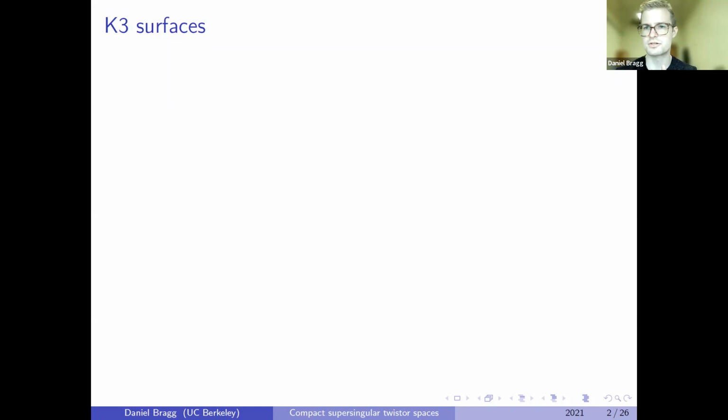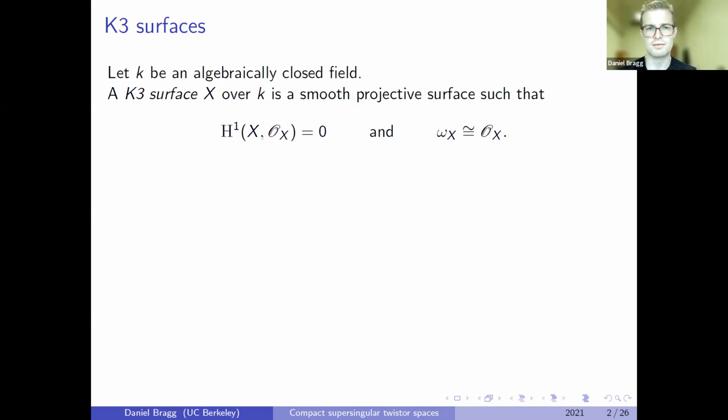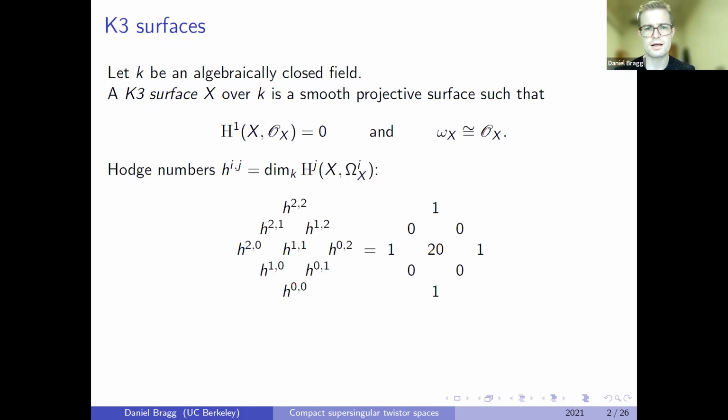So here's just a few words about K3 surfaces to get us going. I'm going to work over an algebraically closed field. Here's the definition of a K3 surface. It's a surface with trivial canonical bundle and H1 of O being 0. Here's a consequence of this definition: this is the Hodge diamond of a K3 surface.